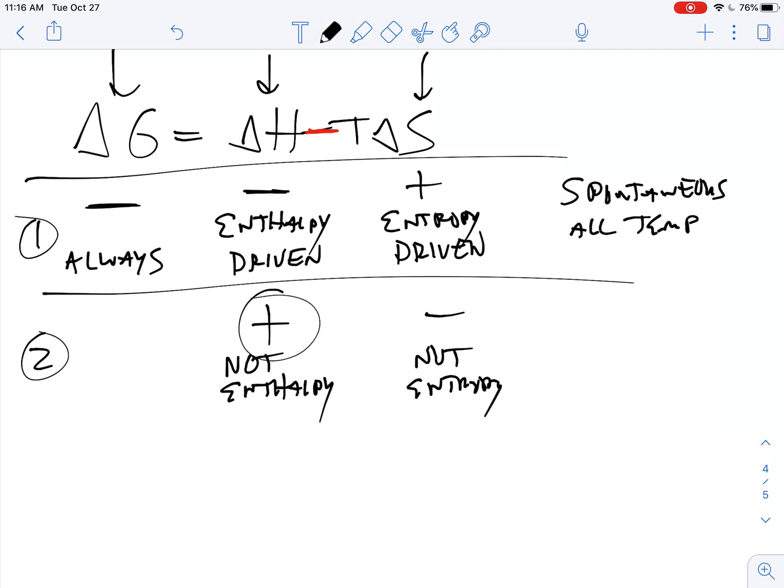So you have a positive number of which you're going to be subtracting a negative number, and if you subtract a negative number, that makes it even more positive, and so consequently this is always going to be a positive number over here, and if it's positive, that means that this guy is never going to be spontaneous no matter what you do. So this guy is never spontaneous at any temperature.